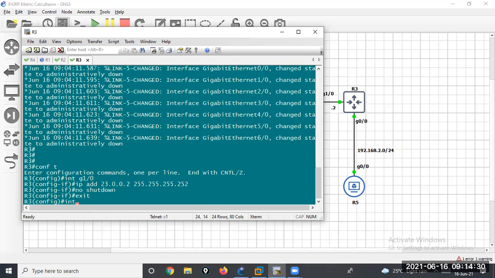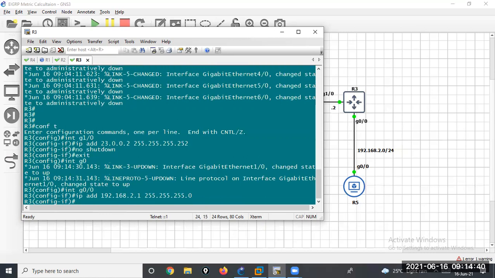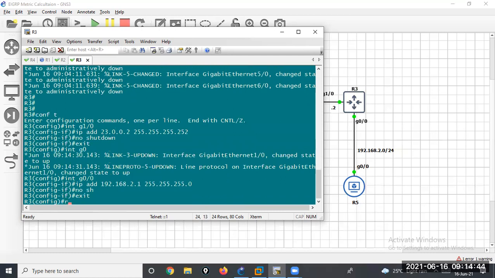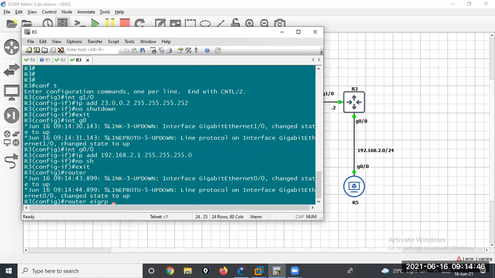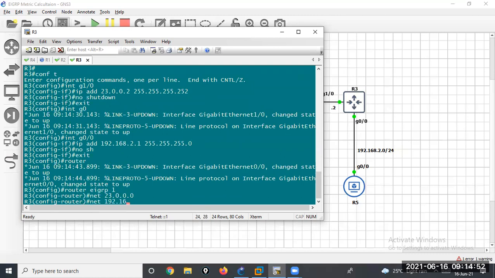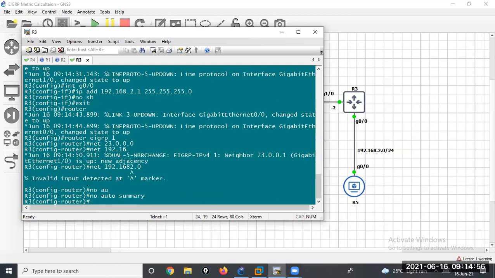Again, interface G0/0, IP address 192.168.2.1, 255.255.255.0, no shutdown, exit. Now configure EIGRP. Router eigrp 1. Network is 23.0.0.0. Another network is 192.168.2.0. This is the LAN network. No auto-summary.